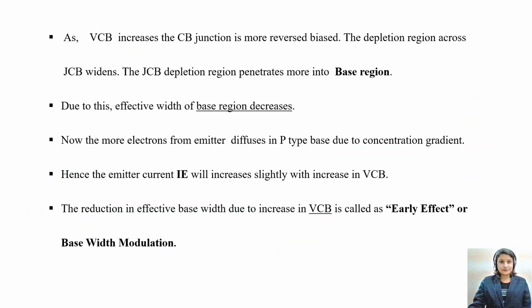So you can see these points. When VCB increases, the collector base junction becomes more reverse biased. Reverse biasing means the depletion region across the CB junction widens. How is it going to widen? It is going to penetrate more into the P type of base. Why? Because these electrons have a concentration gradient, right?